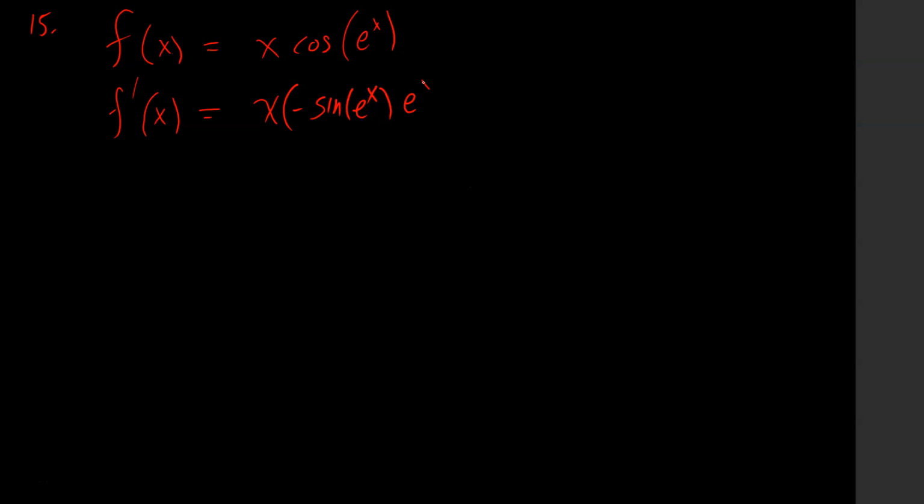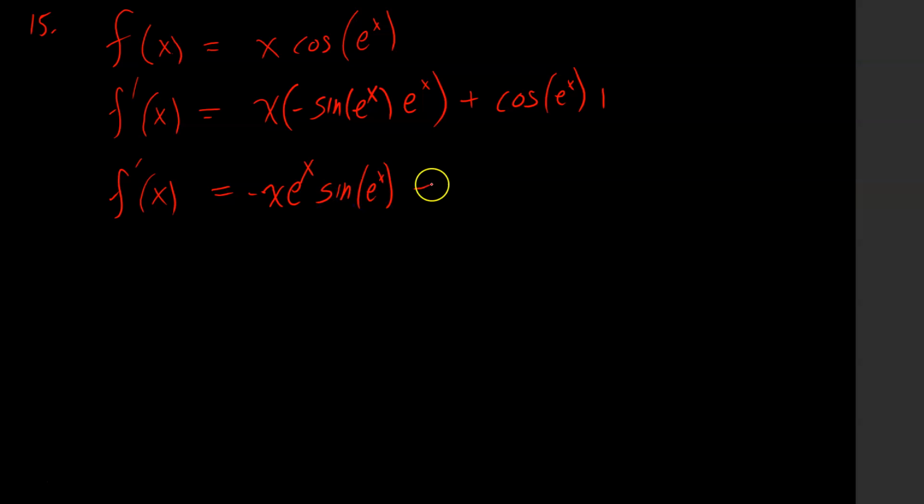Our something is e to the x, which has a rate of change of e to the x, plus the second function times the derivative of the first. There's not much simplifying we can do. We'll just make it look a little prettier.